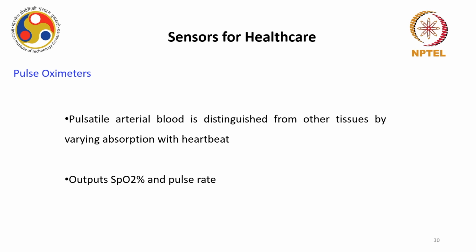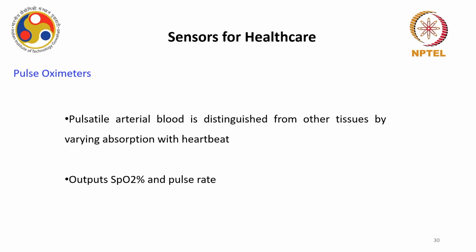Okay, so these pulse oximeters can differentiate between pulsatile arterial blood and other tissues by the varying absorption, and it correlates with the heartbeat. So you must have seen that these SpO2 meters not only tell you the SpO2 concentration, but it also relates to the heart pulses.